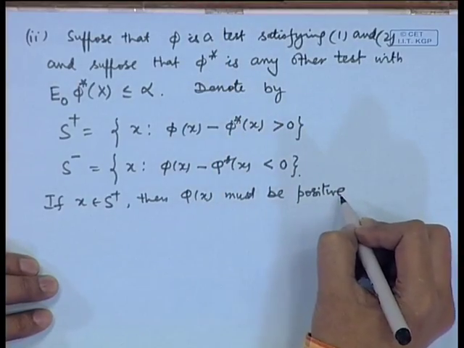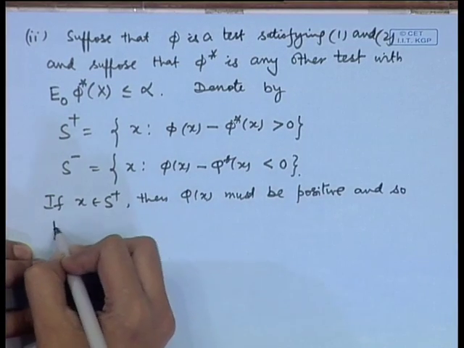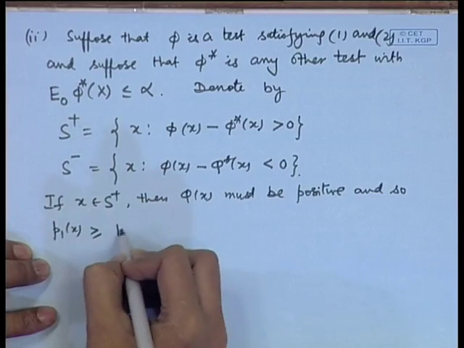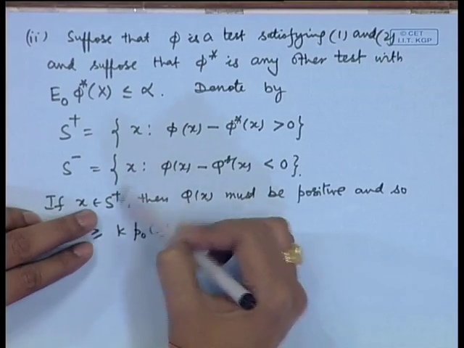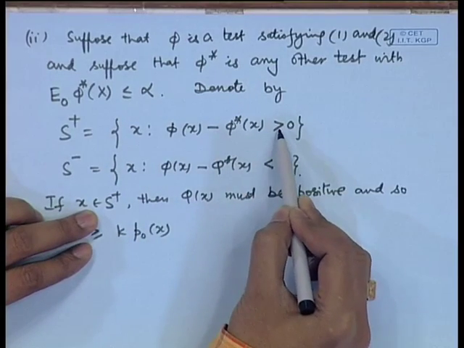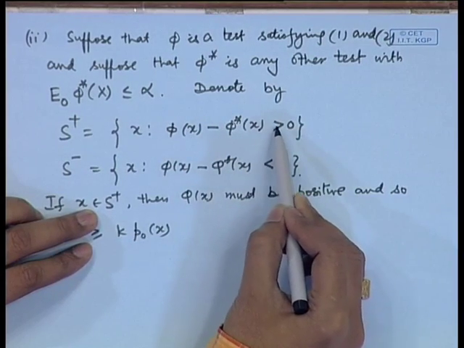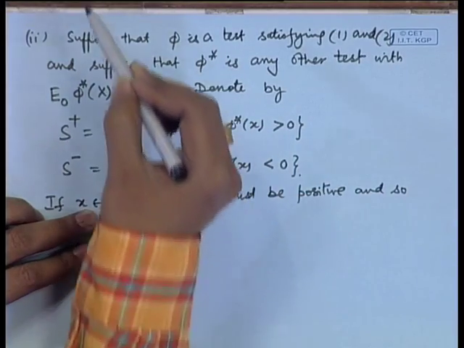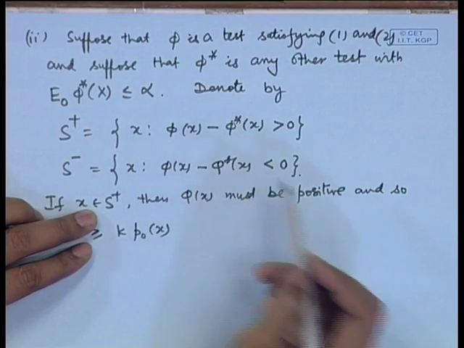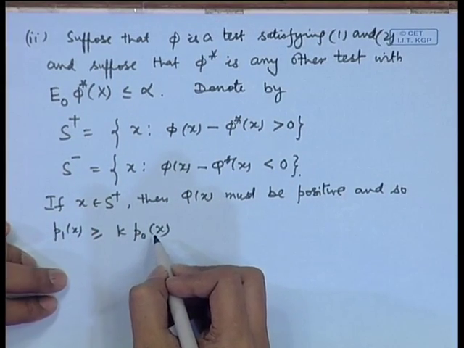Let me repeat this argument. If x belongs to S plus, then phi x is strictly greater than phi star x. Now, phi star x is a non-negative function, therefore, phi x has to be strictly greater than 0. If phi x is strictly greater than 0, then by our definition of the test function, p 1 x has to be greater than or equal to k p naught x.